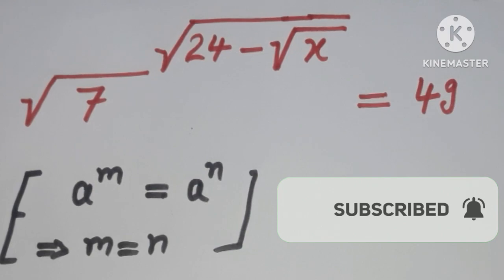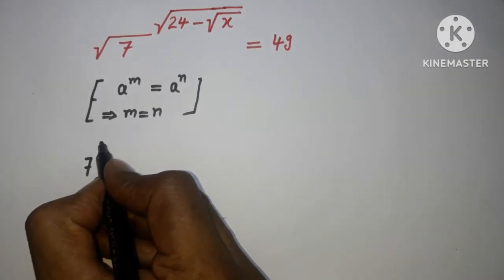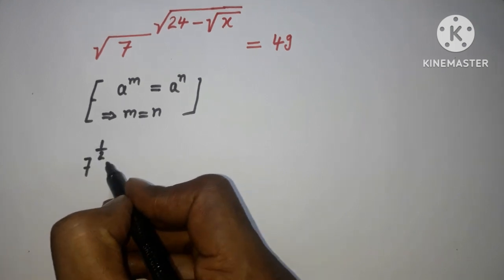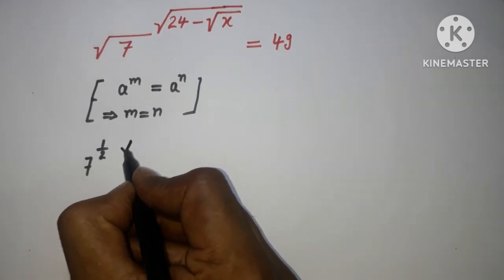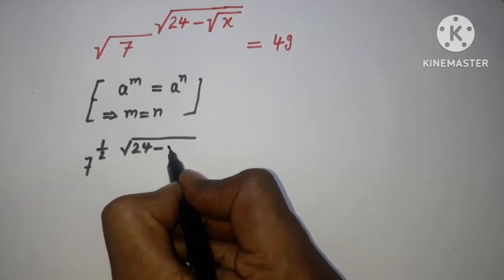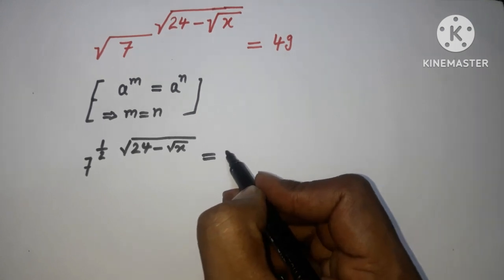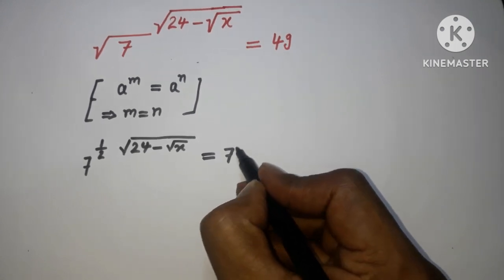Let's proceed. Here, root can be written as power of 1 by 2, and then we have root under 24 minus root under x, and that is equal to 49, which can be written as 7 square over here.